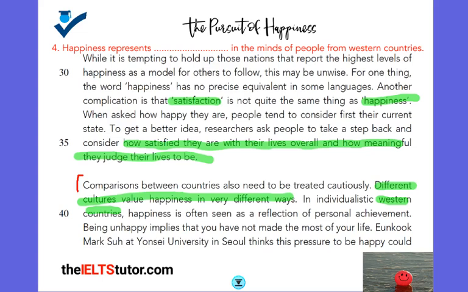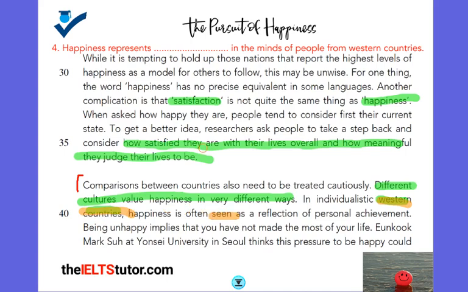Okay, so number 4, happiness represents what in the minds of people from Western countries? So if you're lucky enough to be able to find a matching word here, which is Western countries. Let me just mark it down here. In individualistic Western countries, happiness is often seen.